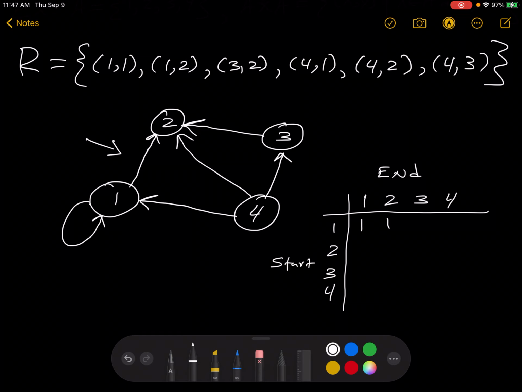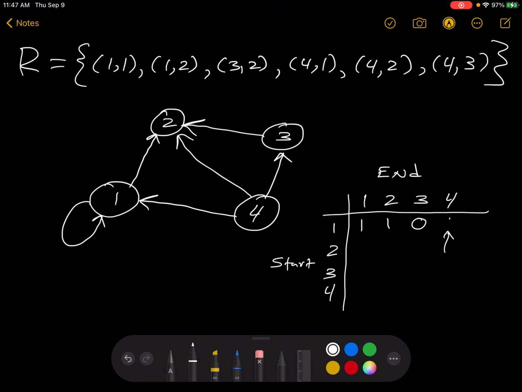Now moving to this next entry. Is there an edge that starts at 1 and ends at 3? No, there's not. So we need a 0 there. Now looking at this next entry, is there an edge that starts at 1 and ends at 4?